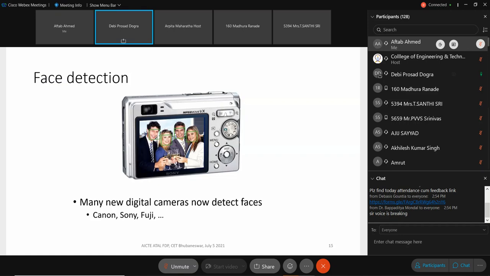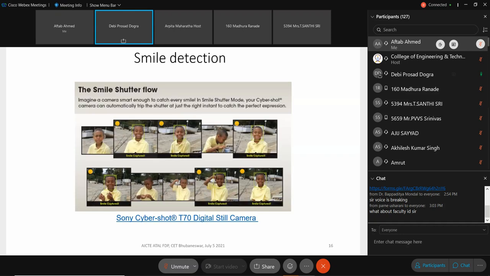There is an AI engine, an artificial intelligence engine, running that automatically understands the probable scene currently observed by the camera, and accordingly it adjusts the lighting, the camera parameters, the zoom factors and other things. That is why we call it an intelligent camera system. Like smile detection, these are very common.